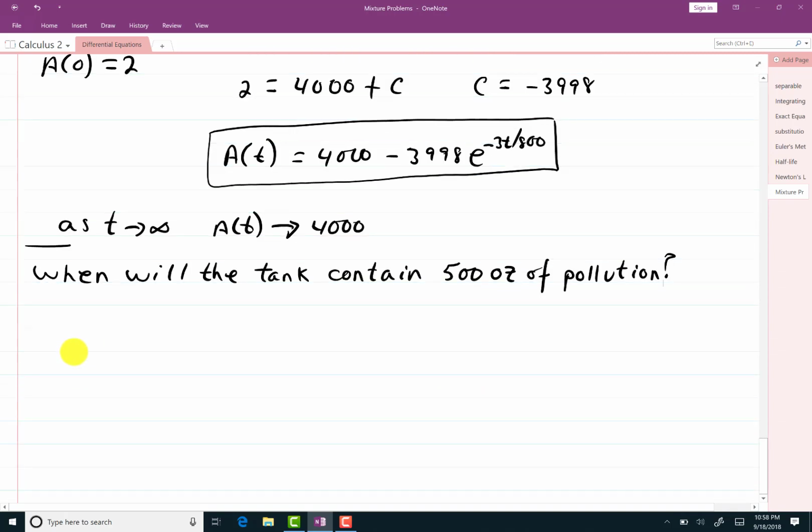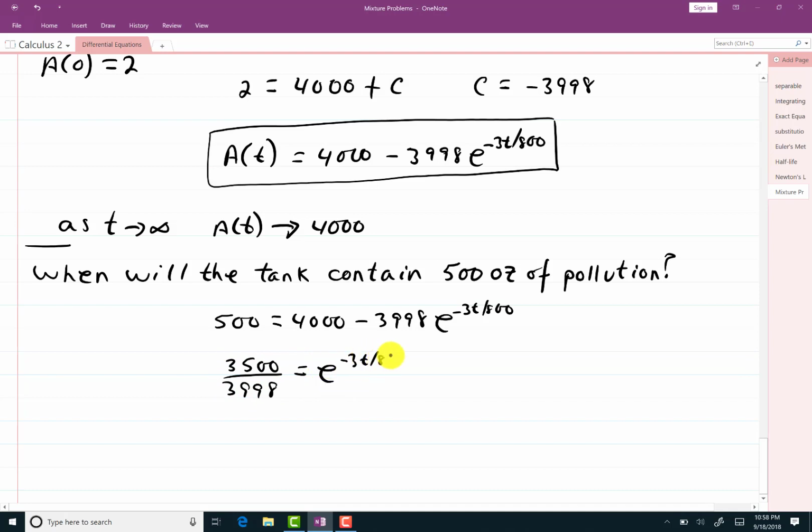So let's solve that equation. 500 equals 4,000 minus 3998 e to the negative 3t divided by 800. Subtract the 4,000 and divide by the negative 3998. I'll get 3,500 divided by 3998 equals e to the negative 3t divided by 800.